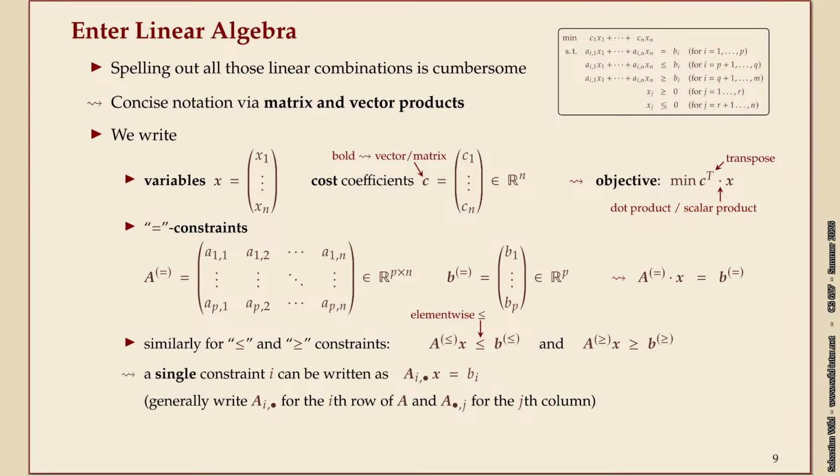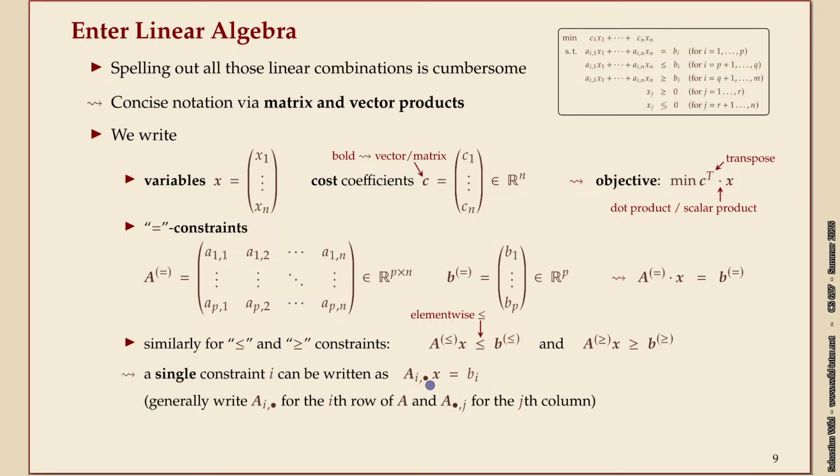If we want to talk about a single constraint, you basically have to take a row of the coefficient matrix. And the notation I'm going to use for that is just put a bullet where there's the don't care dimension of the matrix. So i is the ith row, but then the columns, I'm saying take all of them. So you write this as this.